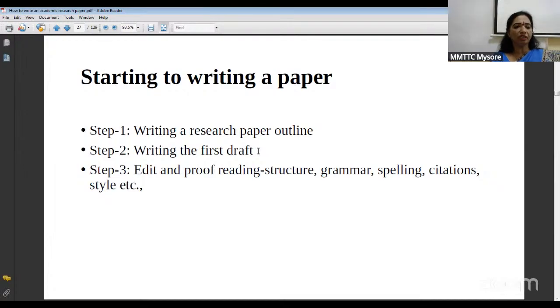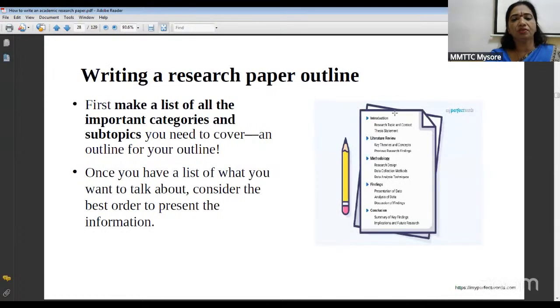First of all, you should write an outline and then write the first draft, and then edit and proofread that structure for grammatical mistakes, structural mistakes, spelling mistakes, citation mistakes, style mistakes, etc. All these things can be edited after you prepare a first draft. So first of all, you should make an outline.